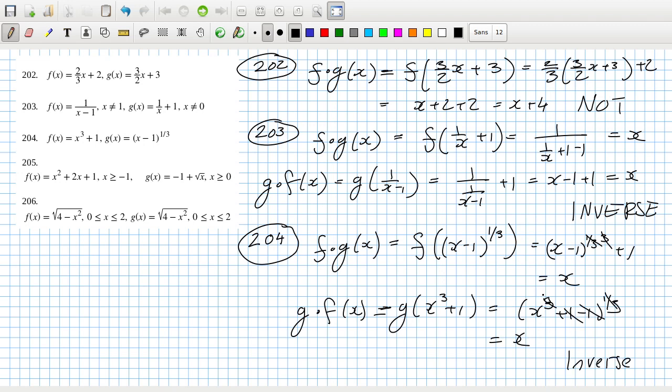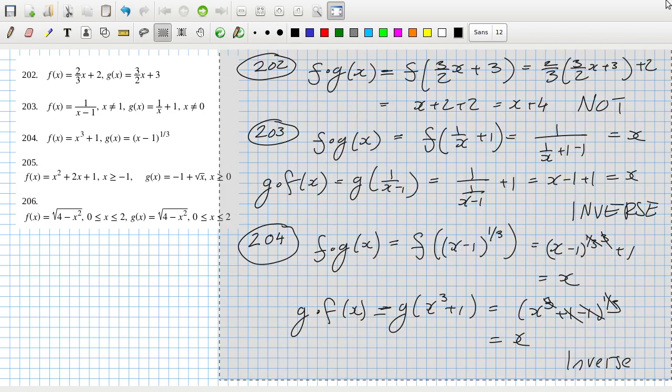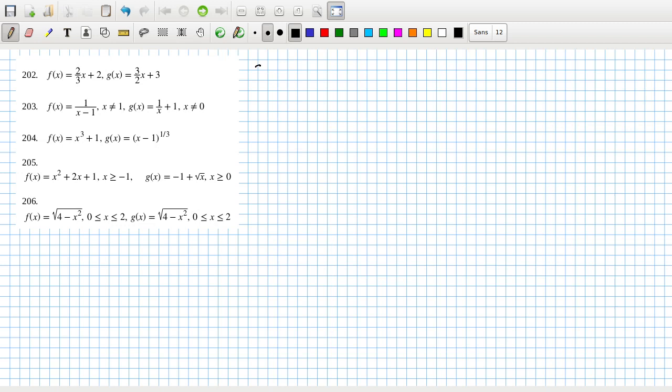Okay, now let's have a look at 205. f of g of x is equal to f of minus 1 plus root x.